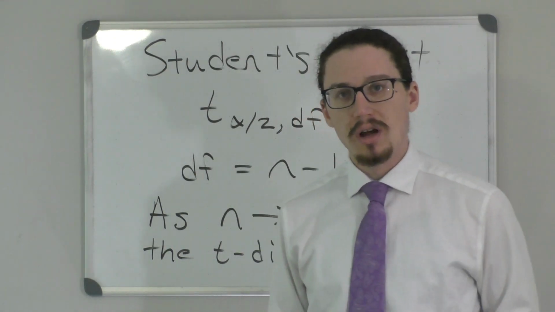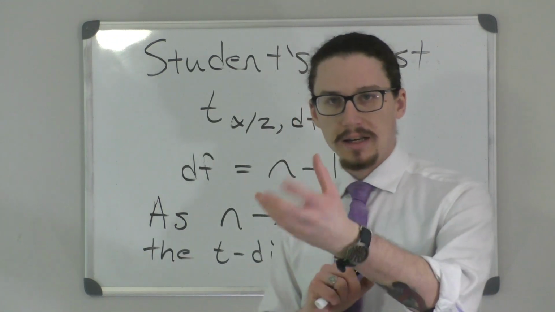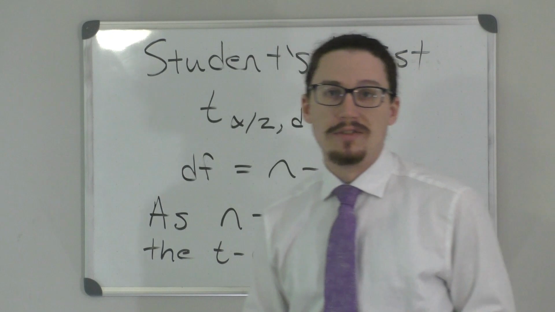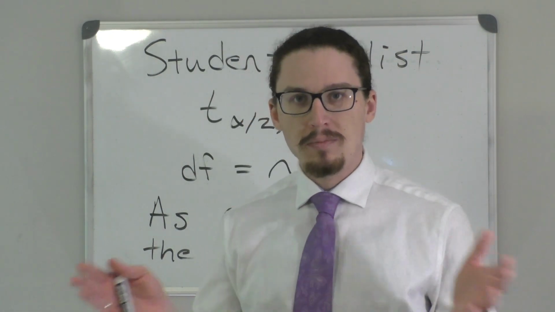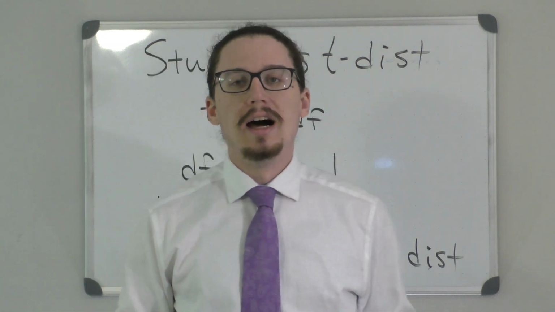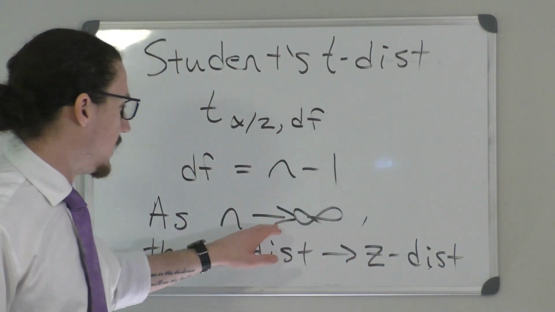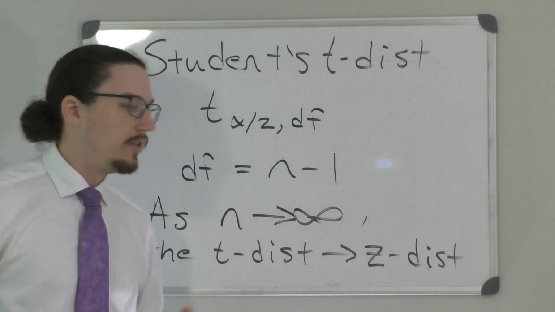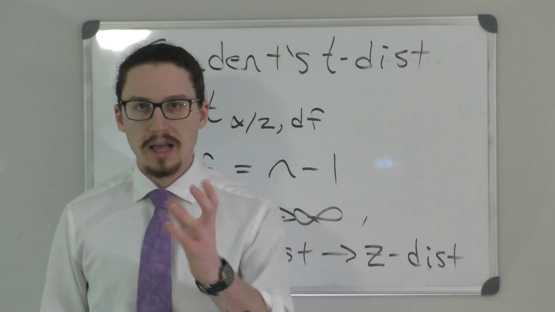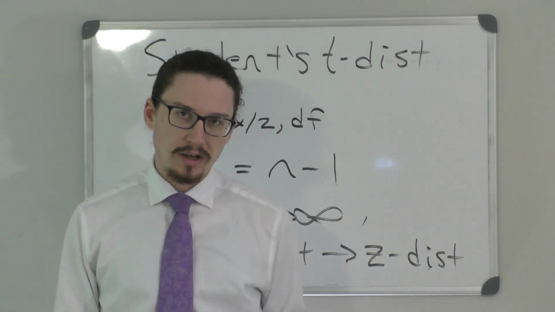Ultimately, this means the t-distribution is an approximation of the z-distribution, and the approximation is dependent on the degrees of freedom. How large the sample size is determines how closely the t-distribution resembles the z-distribution. But as the sample size goes to infinity, the t-distribution becomes the z-distribution.